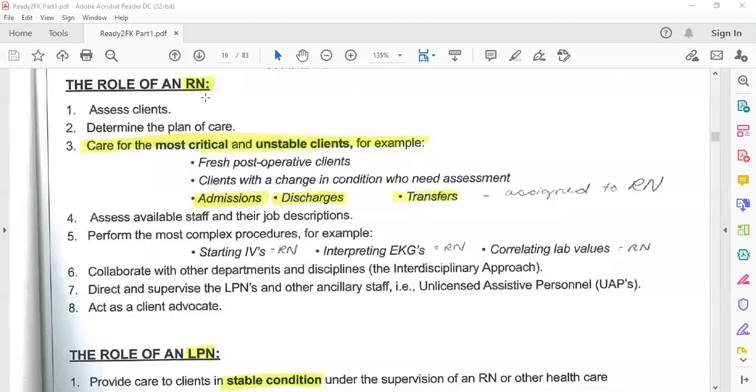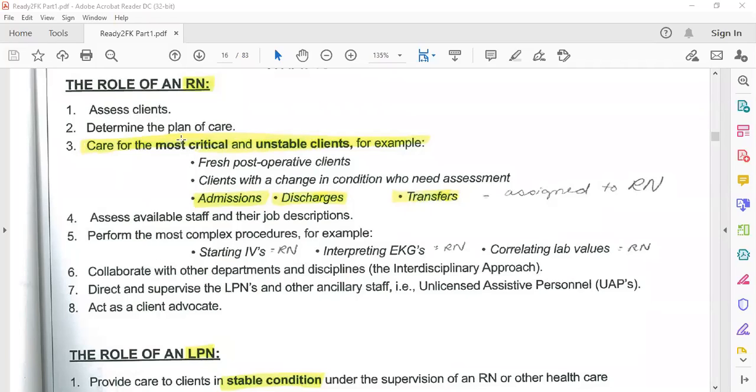So the role of the RN, first of all, is to assess the client, determine the plan of care, and also care for the most critical or unstable client. Before we go to number 3, I want to tell you, everybody knows the steps of the nursing process.